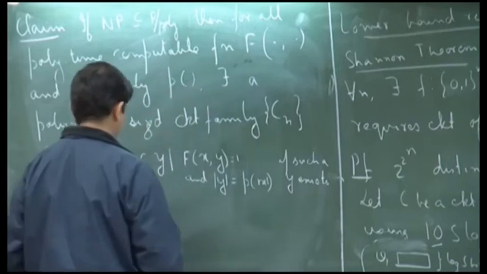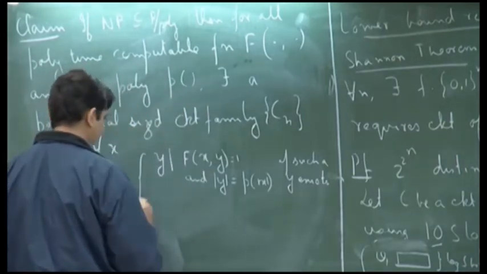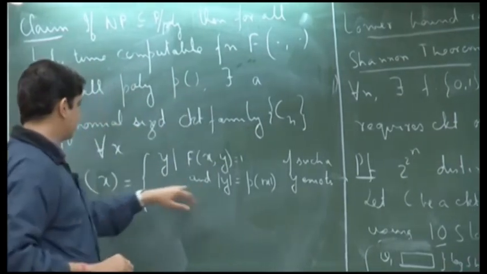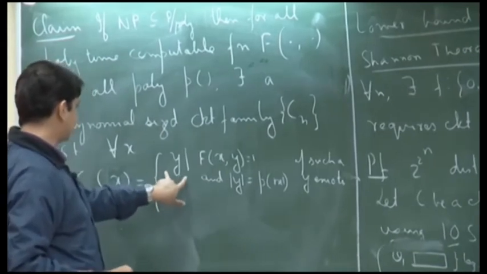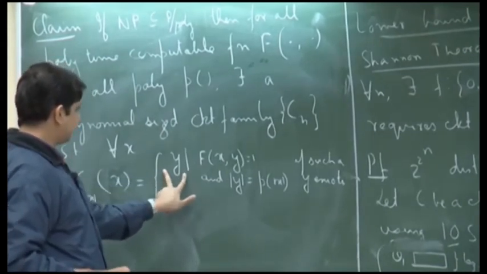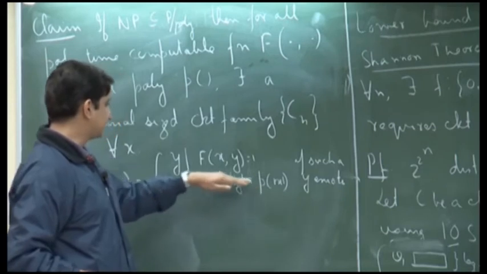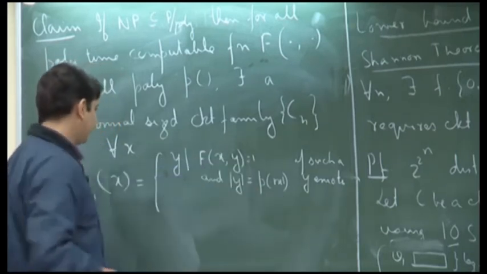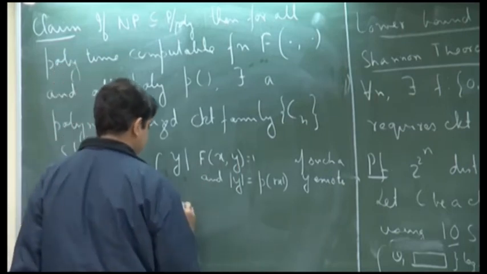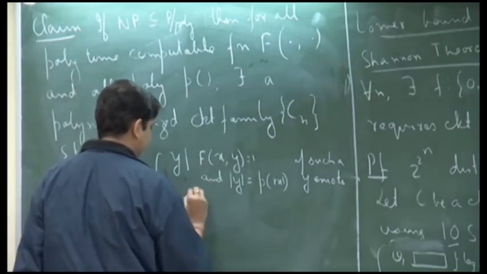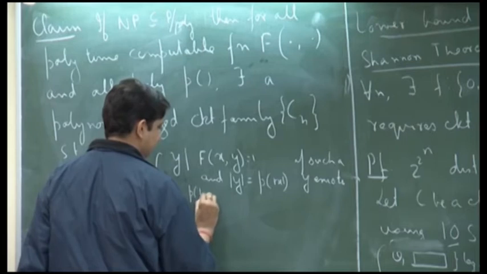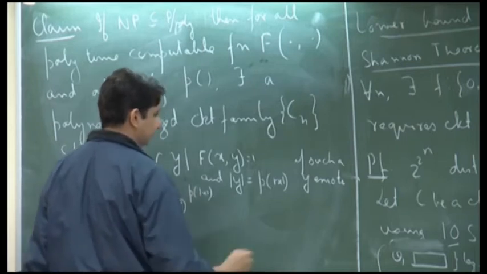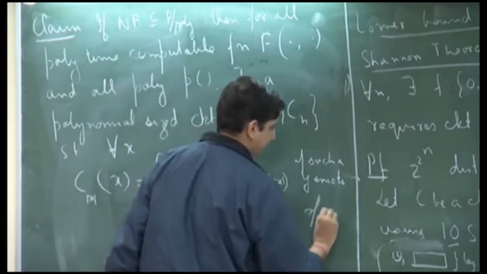Otherwise, the circuit will output a string of so many zeros. So in the first case, it outputs a string y of length p of x which makes this function evaluate to 1, and if such a y does not exist, then it outputs a string of so many zeros.